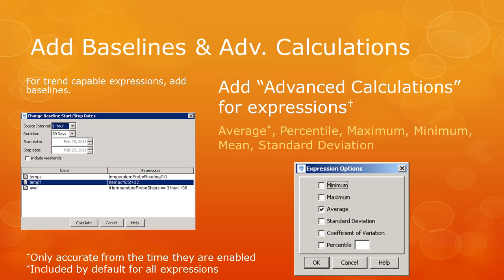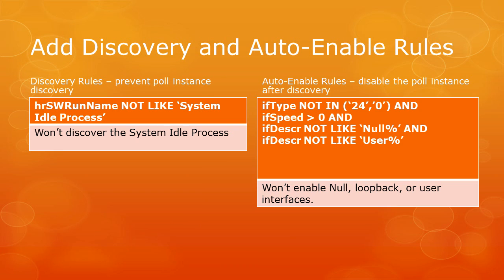You can also have NetVoyant sum the data points for the rollup. Now, this is handy when the data is volumetric, like bytes, instead of rate, like bits per second. That way, each poll rate data point adds to the hourly total. In order to calculate the sum, you have to disable all advanced calculations.